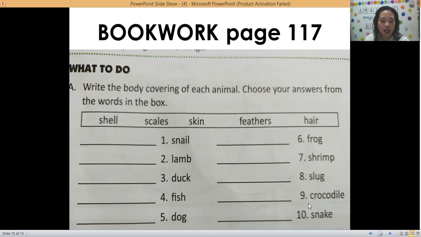And the last one is snake. Okay, very good. Please close your book.